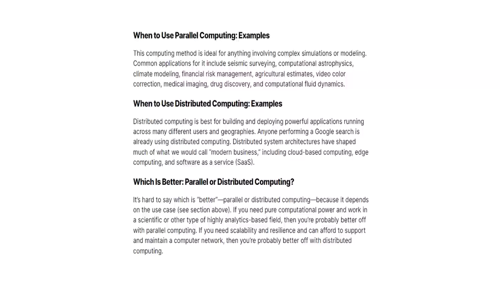And if we compare scalability, obviously distributed computing is better. It can handle more computers with more users. If there are more computers, there will be more users connected to the distributed computing network. But again, the user must be able to accommodate that. If they can, they should go with distributed computing.